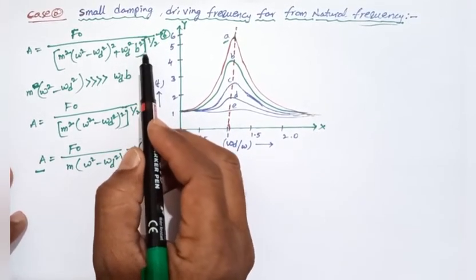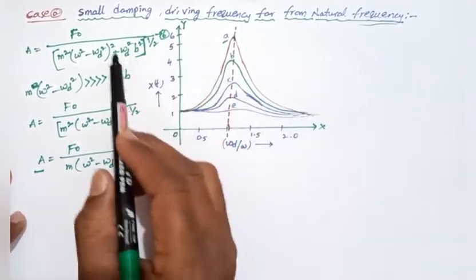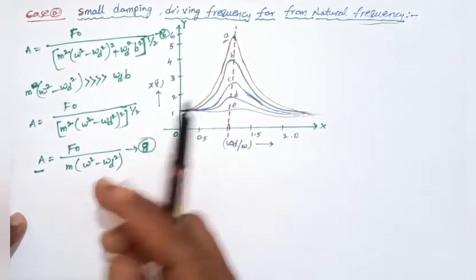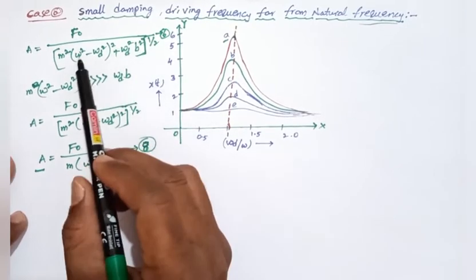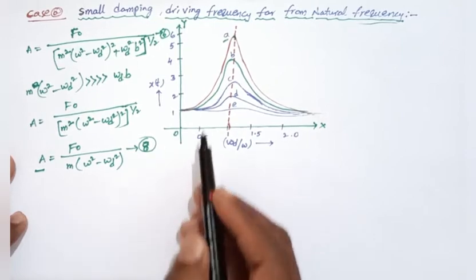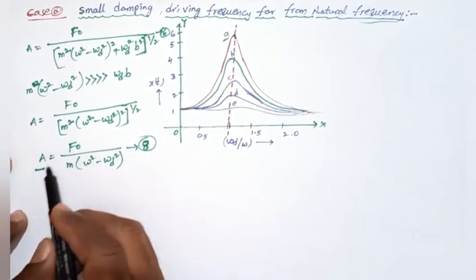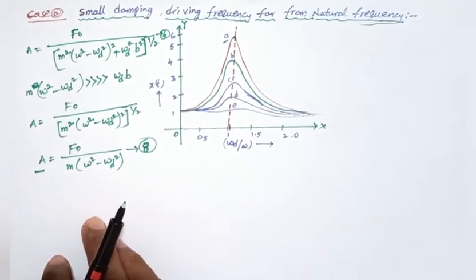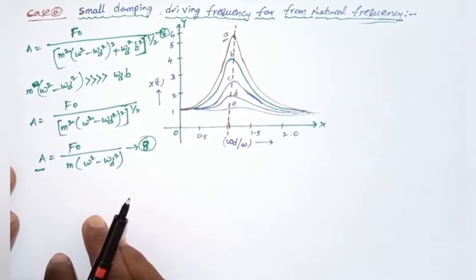So when b equals 0, what happens? There is no damping and the driving force is applied. The driving frequency increases toward the natural frequency, and the amplitude will increase and become infinite.